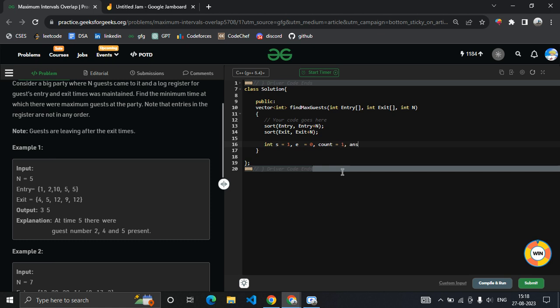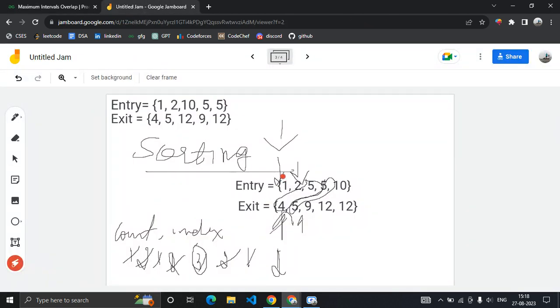And to maintain the index at which the answer is present, I will maintain that as entry of 0. Initially, I will assume that this itself is the answer, where the maximum number of guests will occur. So I am assigning 1 as my answer variable.